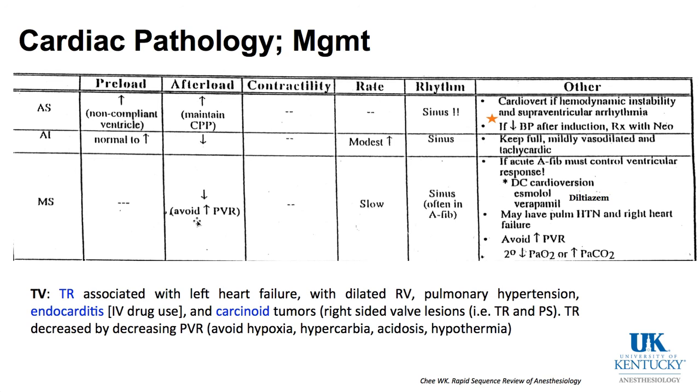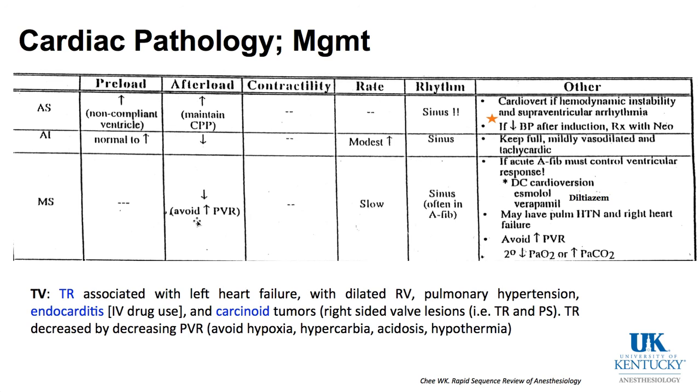So, right heart failure as a consequence of left heart failure. TR can occur secondary to pulmonary hypertension, destruction from endocarditis, such as IV drug use and bacteria coming through the venous system, seeding the tricuspid valve and destroying it, and also carcinoid tumors that produce serotonin.